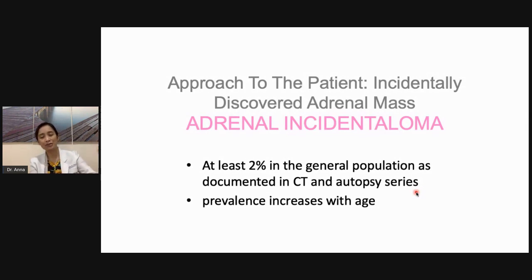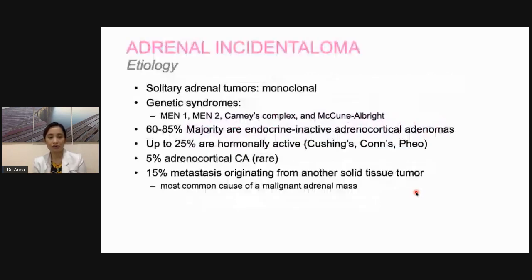That's why I mentioned to you earlier, in patients with suspected primary hyperaldosteronism more than 40 years old, an adrenal incidentaloma is not equal to Conn syndrome. No? So adrenal incidentaloma, usually they're solitary, can also be part of genetic syndromes such as your multiple endocrine neoplasia 1 and 2, Carney's complex, McCune-Albright, and majority are endocrine inactive, meaning non-functioning adrenocortical adenomas.